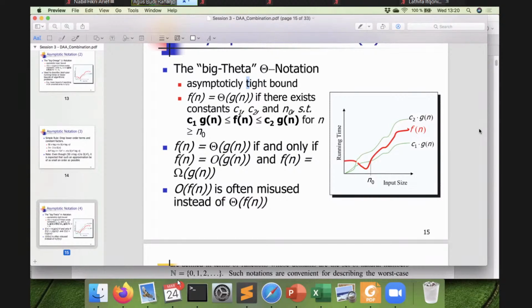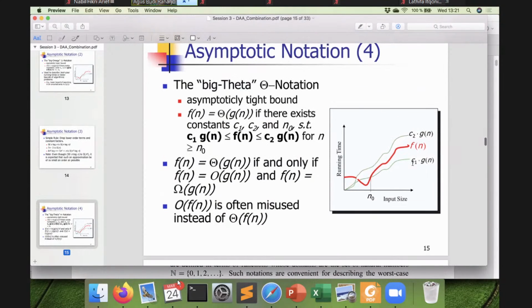Like over here, it will increase, but closely and very tightly, near the f(n), as well as the g(n) or the big O, the upper bound. It follows the function. That's why we call it big theta over here, big omega over here, and big O over here.